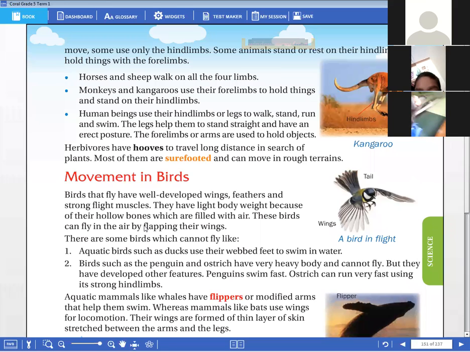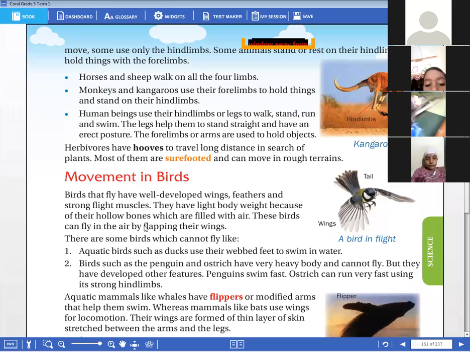So the ostrich, these are all kinds of birds that usually can't fly. You can ask, why ma'am, can't these birds fly? Even though they have wings, feathers, muscles, everything, they can't fly due to their weight also, children.